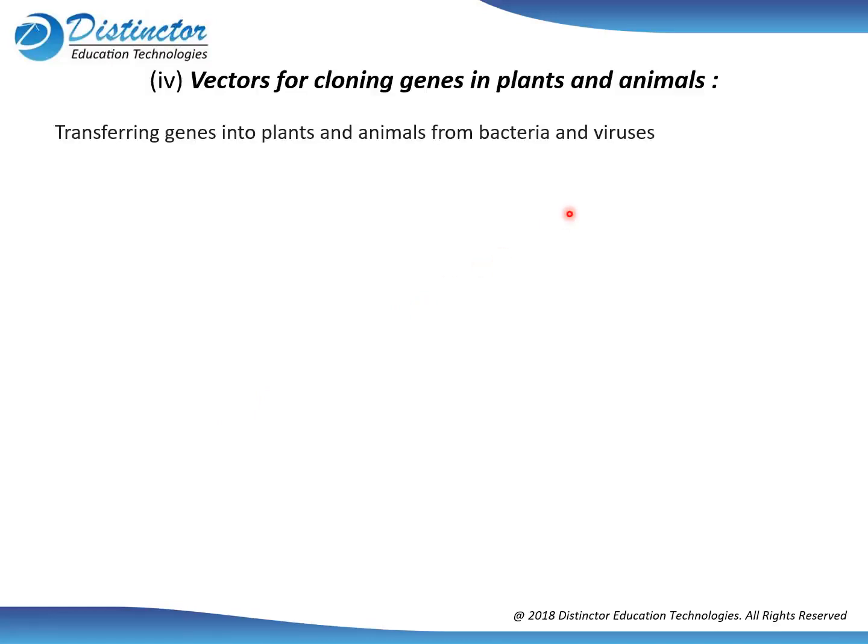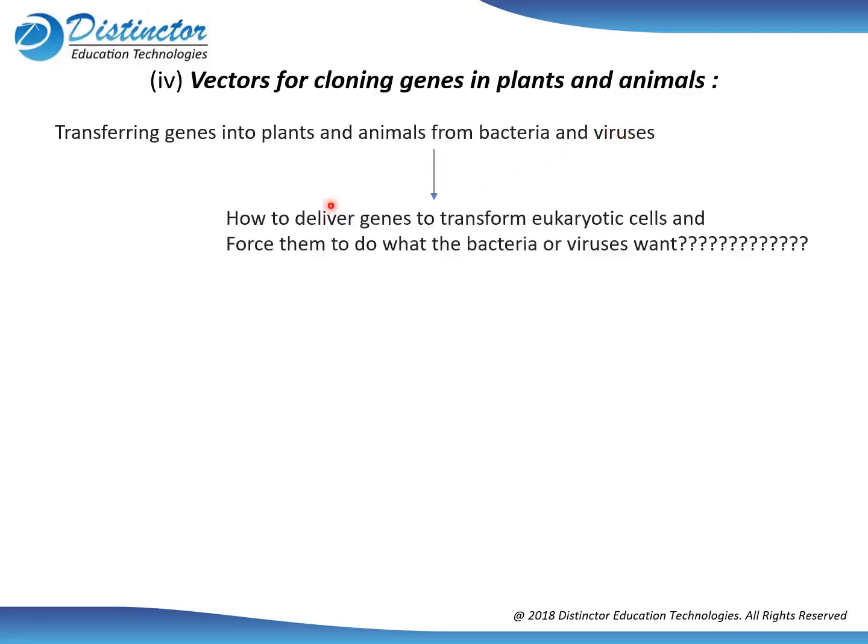So we are going to see one vector for plants and one vector for animals. So transferring genes into plants and animals from bacteria and viruses, we can deliver the genes to transform a eukaryotic cell and then force them to do what the bacteria or viruses want.